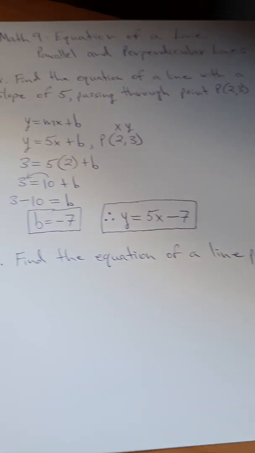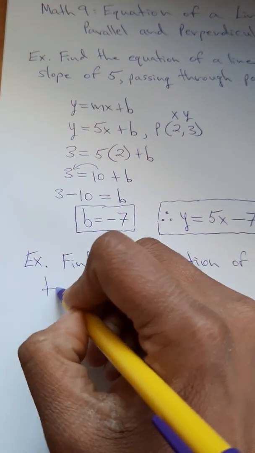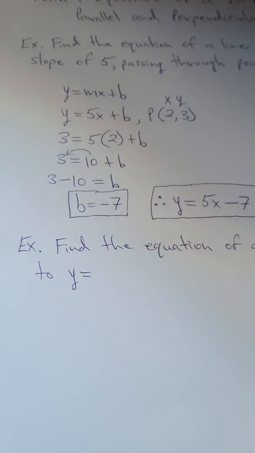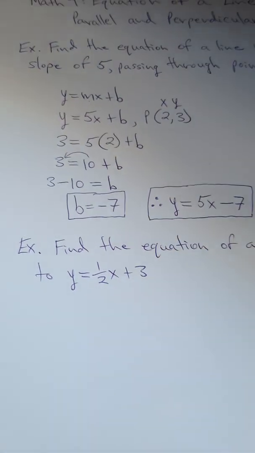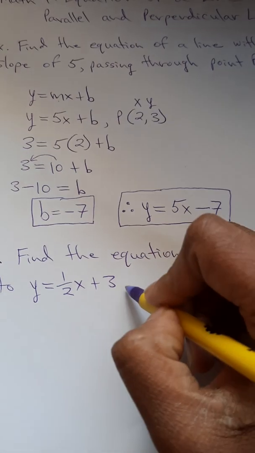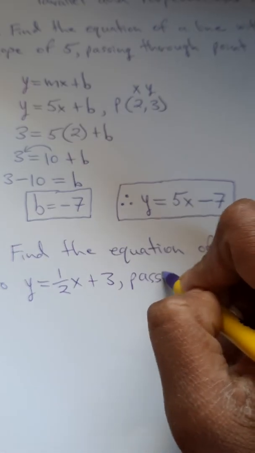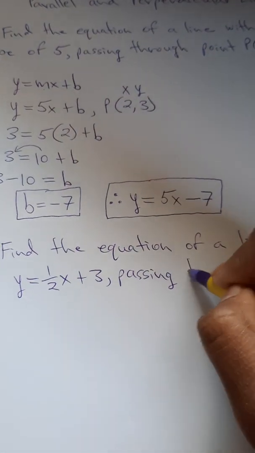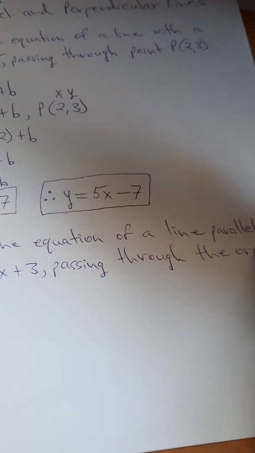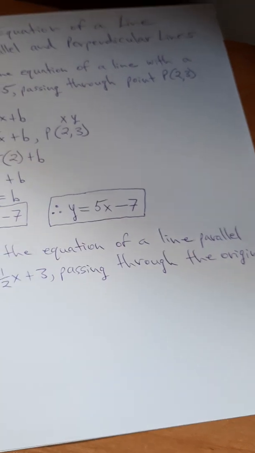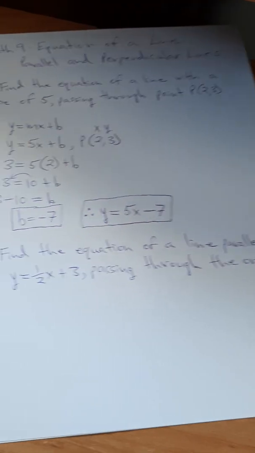It is parallel to this line that they give you here, and I'm going to write the equation: y equals 1/2 x plus 3. And it is passing through the origin. Remember, the origin is 0, 0.